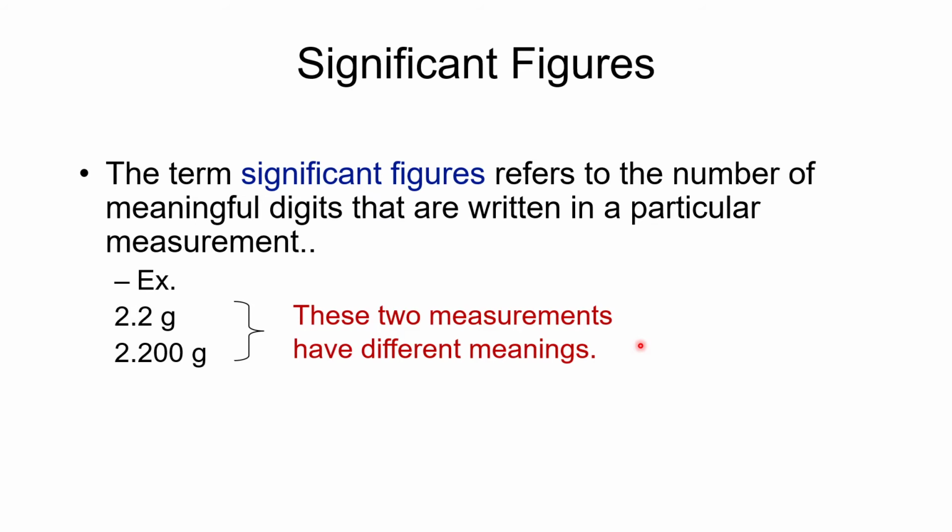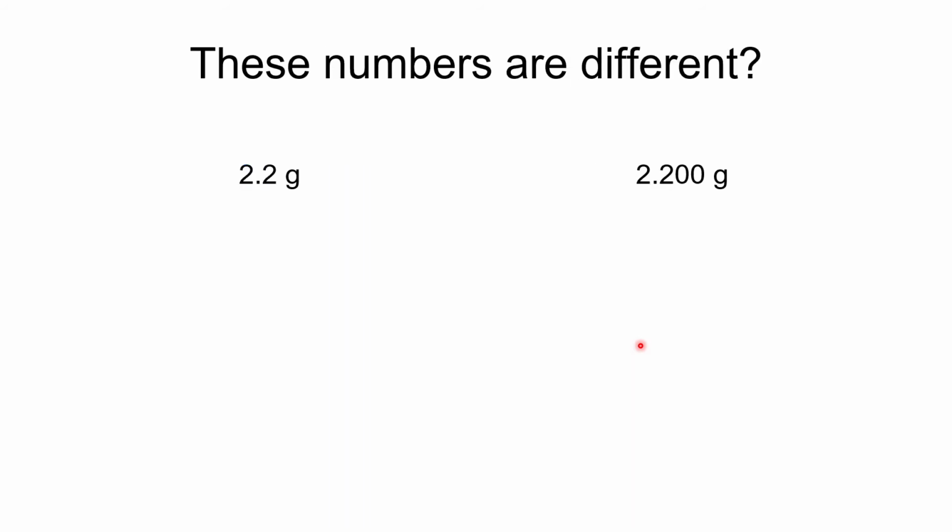So let's look at this more closely. How are these numbers different? Well, 2.2 grams, when we write it like that, implies that we have some uncertainty in our last digit. So it implies that there's some uncertainty in that tenths place.